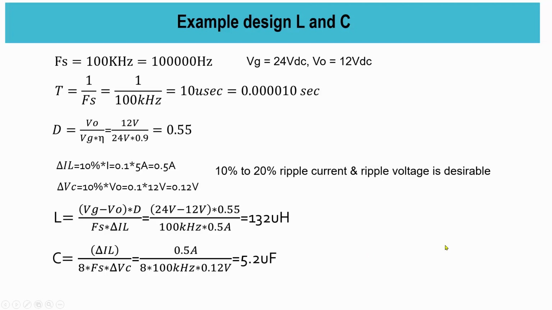The ESR is the internal resistance of the output capacitor, which will impact the ripple voltage. So basically in this case, you won't get 0.12 volt. There would be some ripple current going through the capacitor, multiplied by the ESR, so that will increase your output ripple voltage.